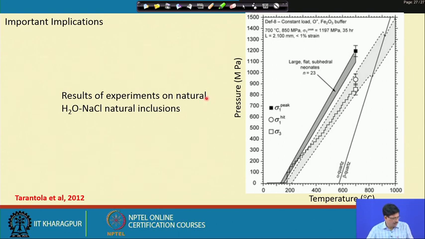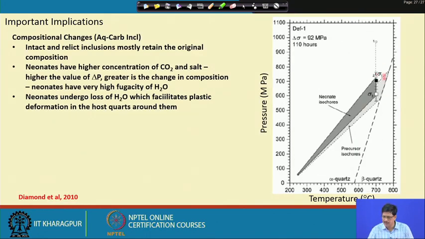So, with this, it has to be kept in mind that the accuracy or the dependability will always be a function of the accuracy by which we are able to calculate the inclusion density and the isochore. This is more applicable to the aqueous carbonic fluid, where, for example, in this case the aqueous carbonic isochores were drawn up to pressures of almost 7-8 kilobars.